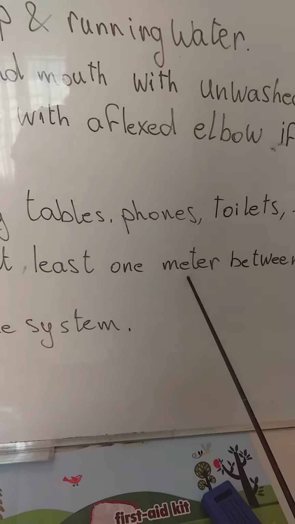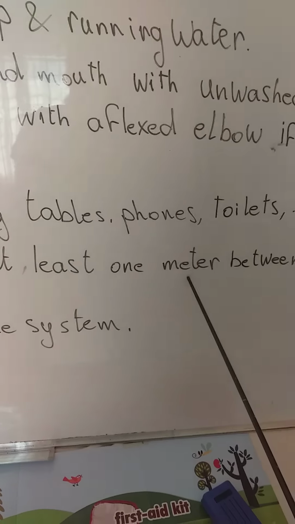Okay? We don't care whether they're sick or not, but all other people. Okay? Don't shake hands, don't hug others, don't kiss others on their cheeks. So you have to maintain a distance between you and others.